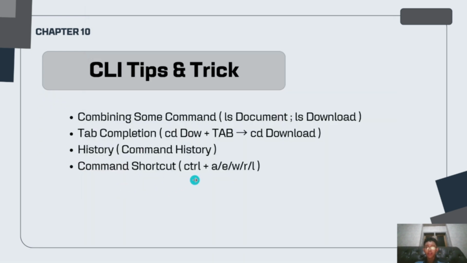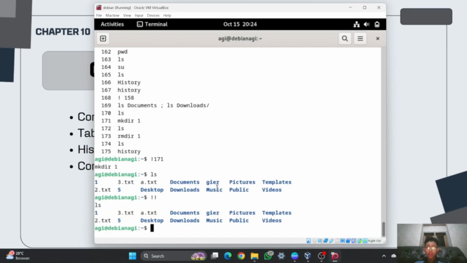Next, there are command shortcuts: Control A, E, W, R, or L. Control A has a function. For example, I want to type cd documents, but I forgot to type the c.